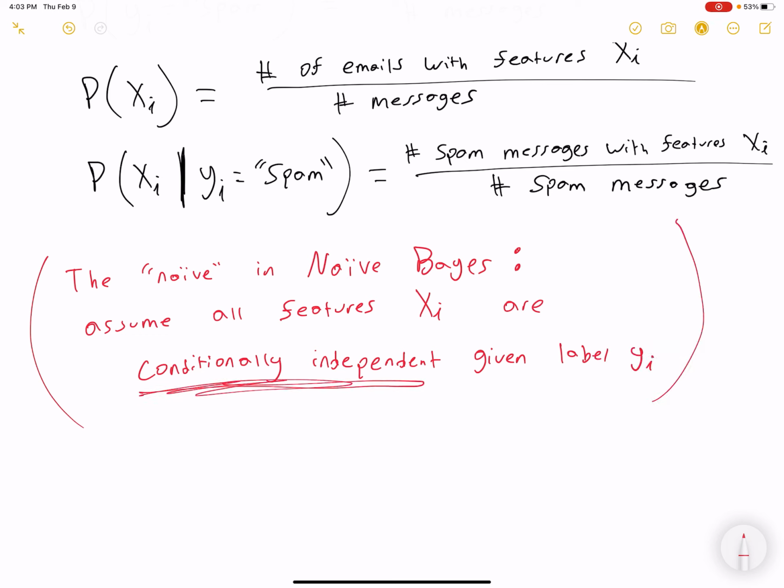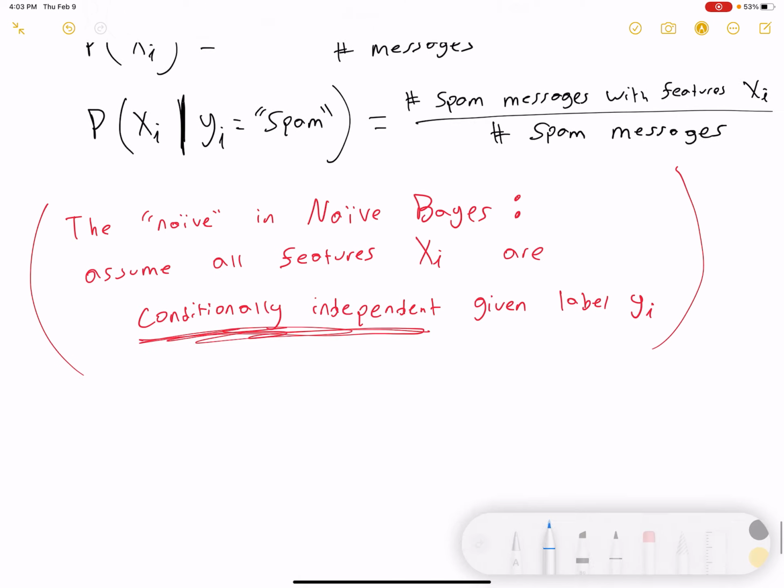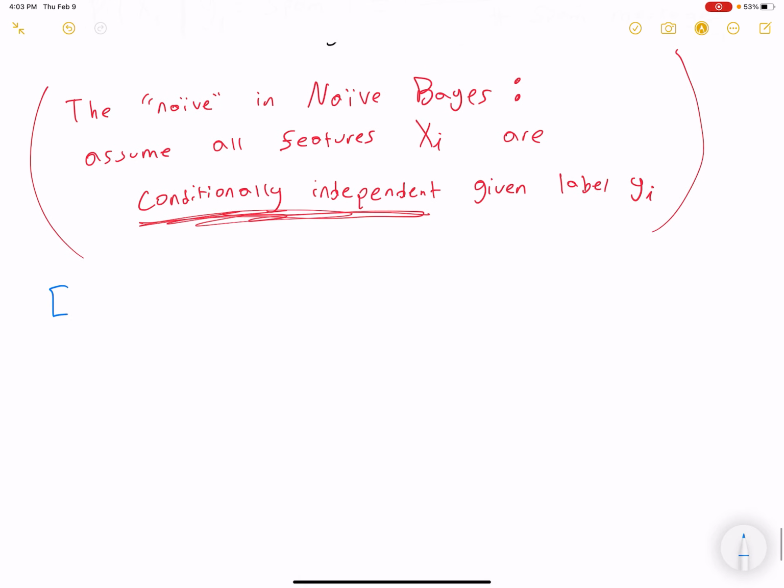So let me show you what conditional independence means through an example. So this is all kind of abstract, but I think it'll become super clear once we walk through an example.